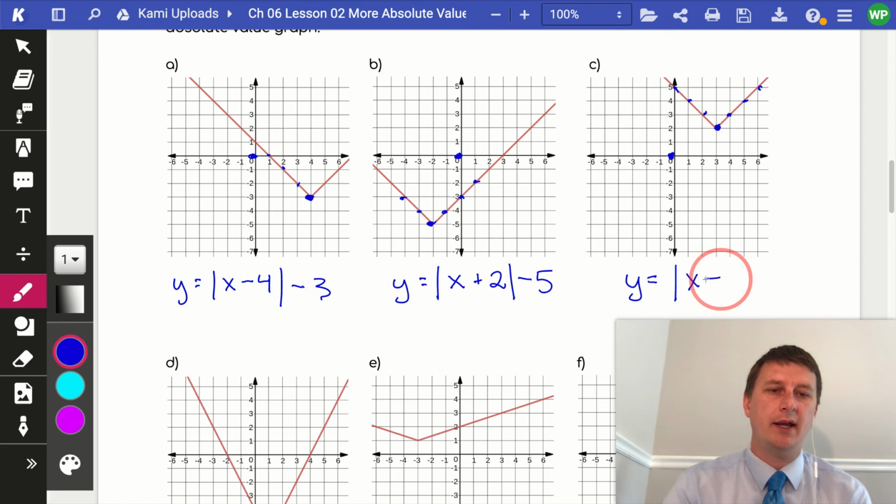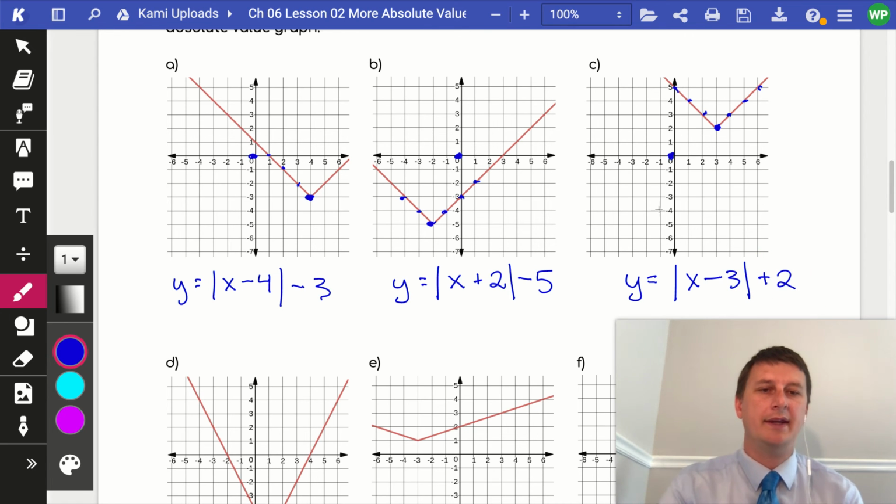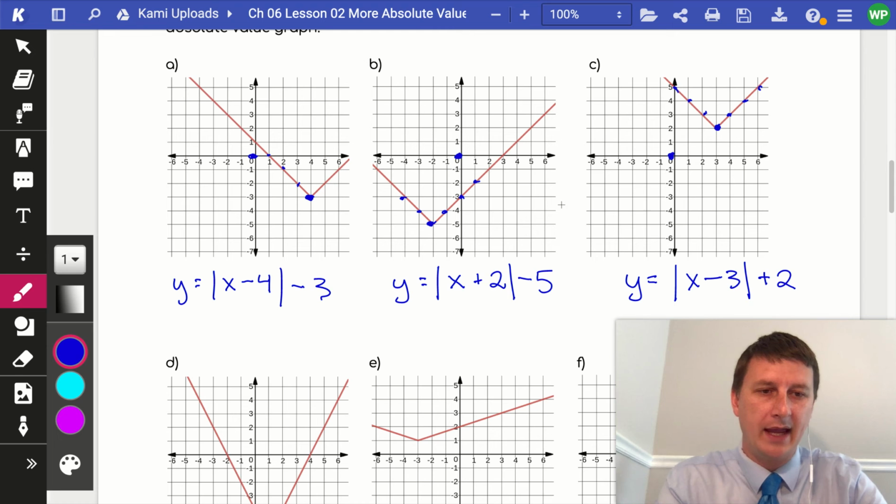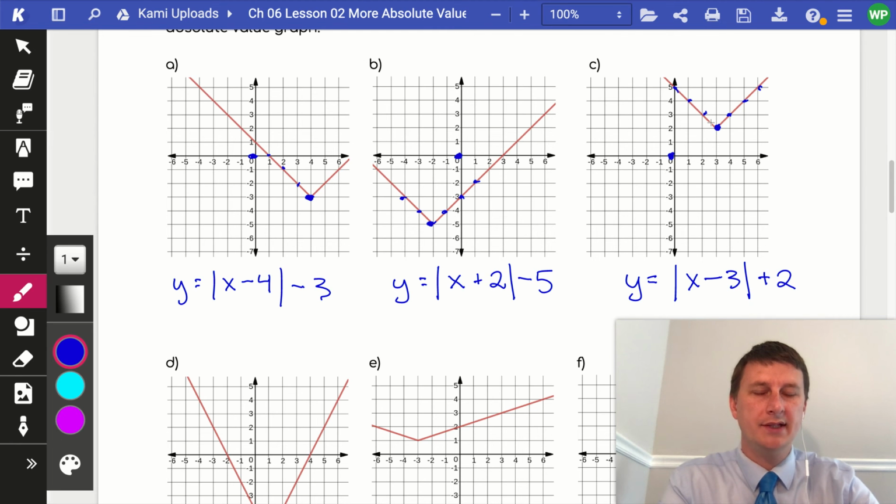So to shift right, we subtract inside our absolute value. And then we have to move that point up 2 units to get to our vertex. So we're going to shift up 2, and to shift an absolute value graph up, we add 2 on the outside of our absolute value. So this equation is y equals the absolute value of x minus 3, plus 2.